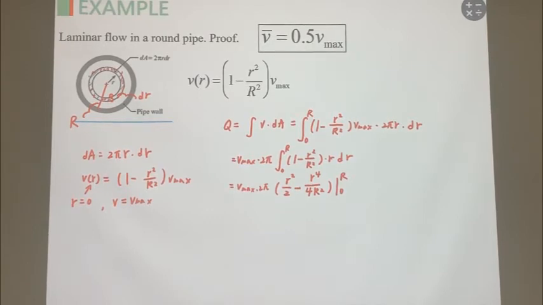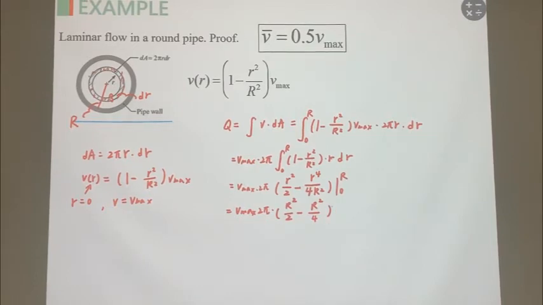So we just focus on capital R and put it inside. So there is V maxima times 2 pi, and there's R squared over 2 minus R squared over 4, right?